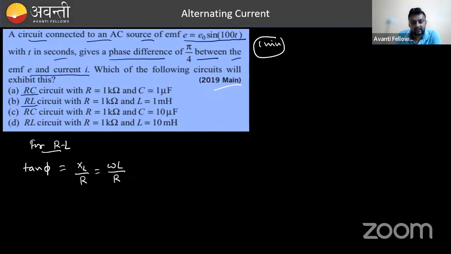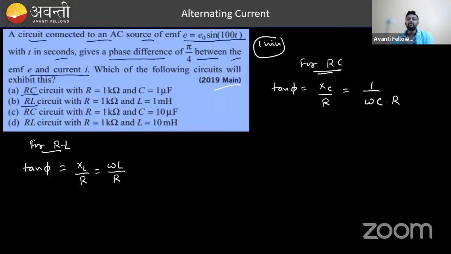Now for the RC circuit, tan phi is equal to XC over R, where XC is 1 over omega C, so tan phi is 1 over omega C R. So for the phase difference to be pi by 4, phi should be pi by 4 and tan phi should be 1, because tan 45 is 1.